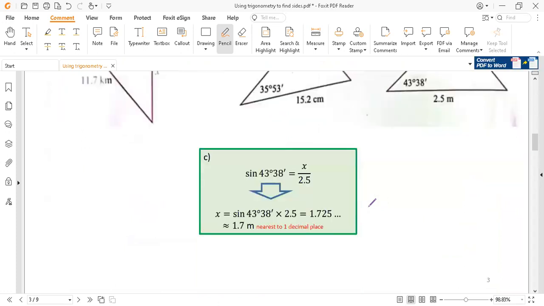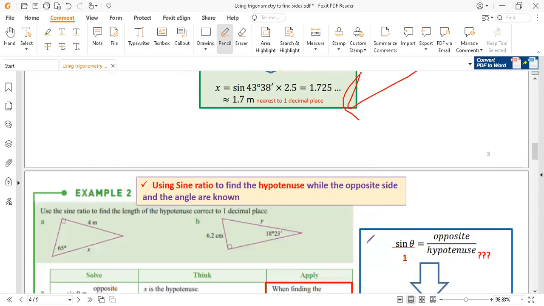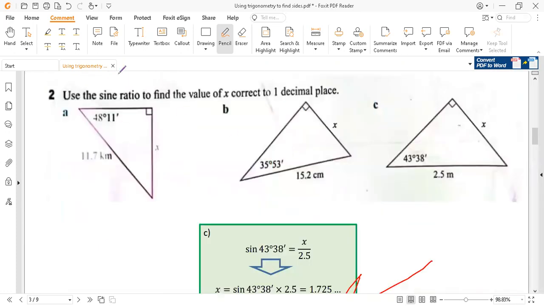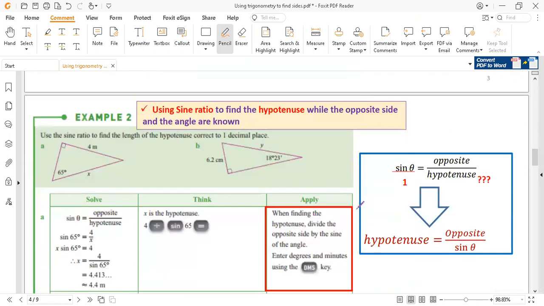You can also do these extra exercises by yourself. In one of these examples, we can use the sine ratio to find the hypotenuse while the opposite side and the angle are known. For example, we have this angle. What are the involved sides?